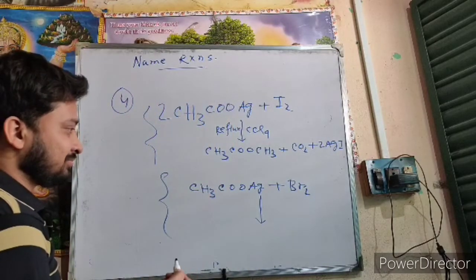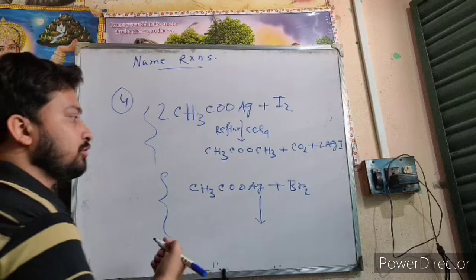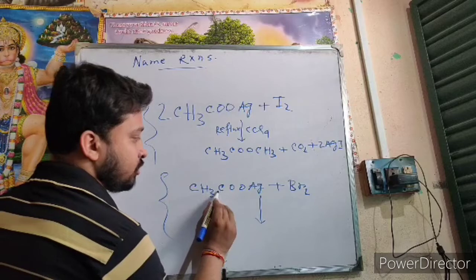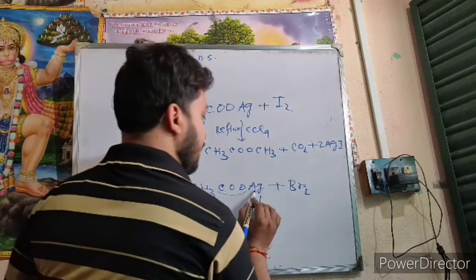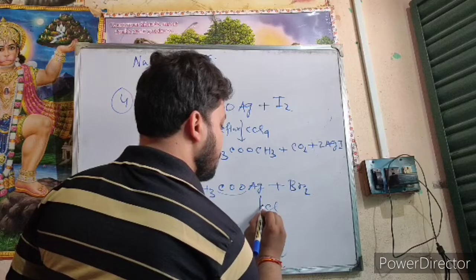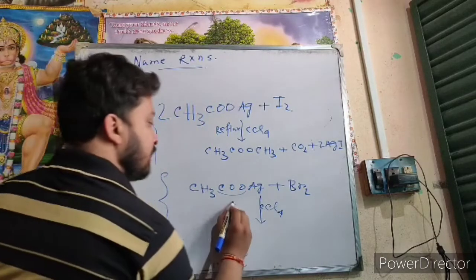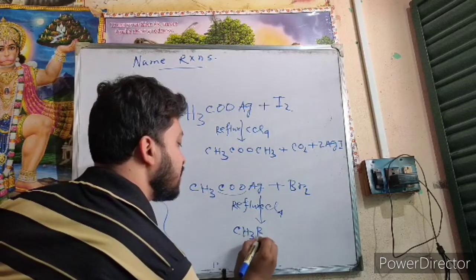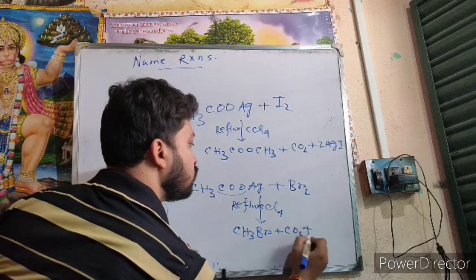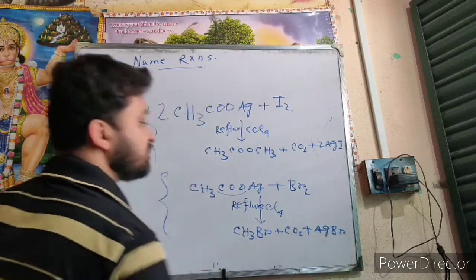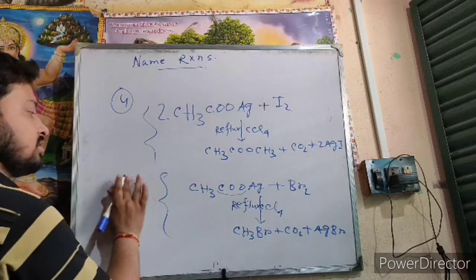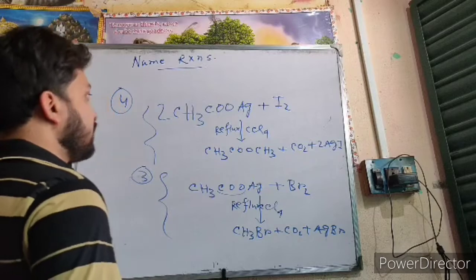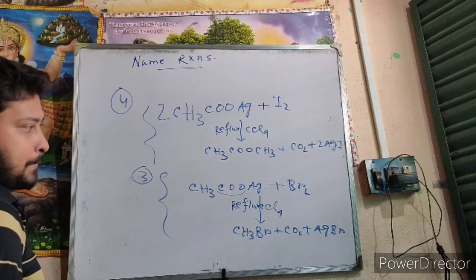Mistakes happen. So keep watching. In the Hunsdiecker reaction, CO2 is removed here, AgBr is removed here, in the presence of CCl4 and reflux. You get CH3Br, CO2 and AgBr. This is number 3 that I discussed in the previous reaction.